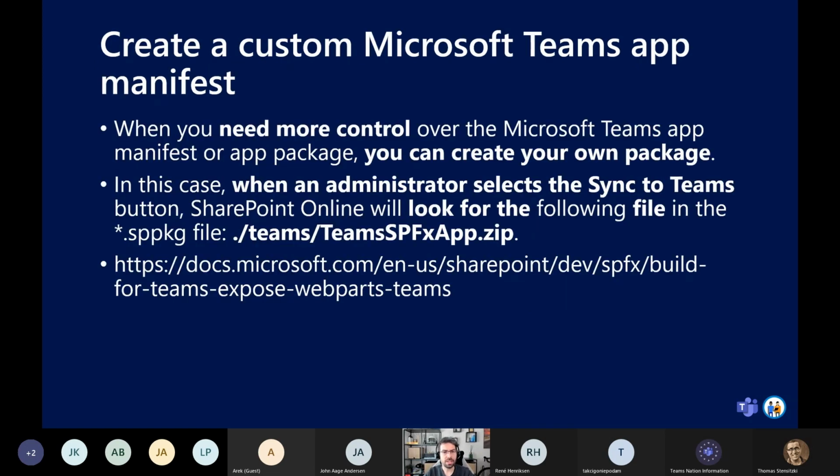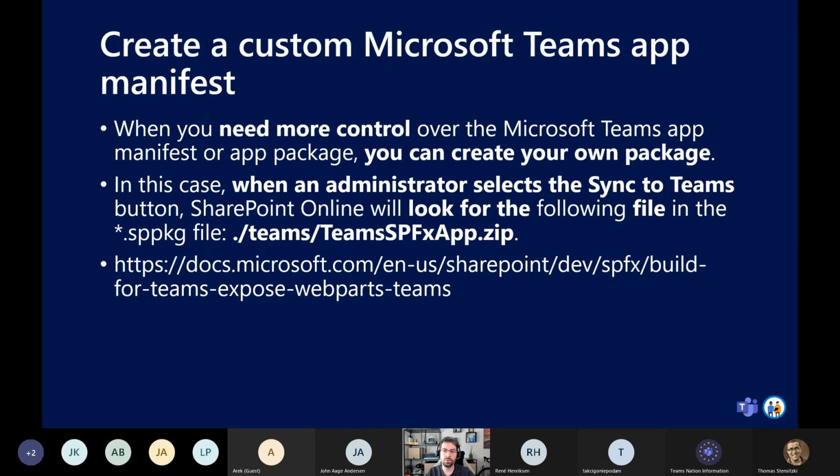But if you want to do more, if you want to have more control, you can create your own Teams manifest for SharePoint framework, and you have to follow some process to generate a zip file named Teams SPFx app.zip that will be put inside a Teams folder.